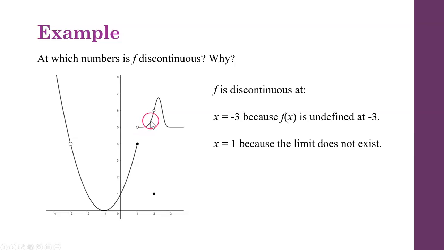So the limit from the left as x goes to 2 exists. It would be 6. The limit from the right would have been 6, but the value of the function itself is 1. So at 2, we have a discontinuity because the limit of the function does not match the value of the function.